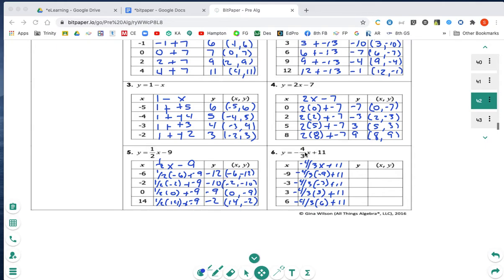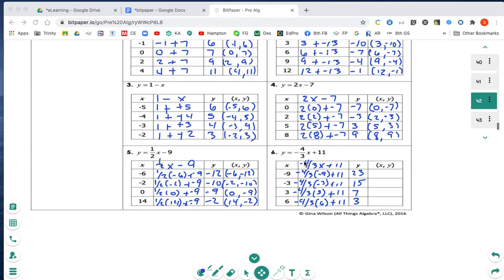Now we're going to take our x value, multiply it times negative 4/3, and then add positive 11. So as we're doing the multiplication, y is going to be 23, y is going to be 15, y is going to be 7, and y is going to be 3.